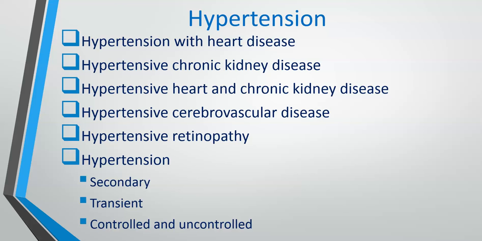So hypertensive cardio or cerebrovascular disease. Hypertensive cerebrovascular disease requires two codes. You first assign the appropriate code from categories I60.9 to I69, followed by the appropriate hypertension code.